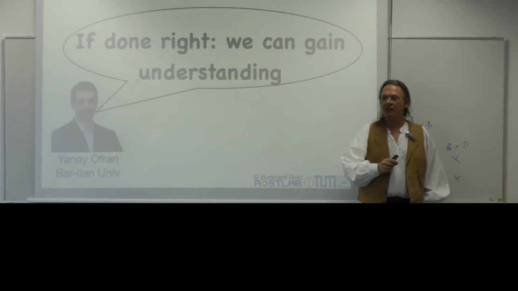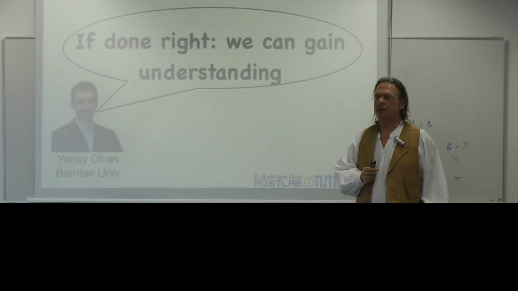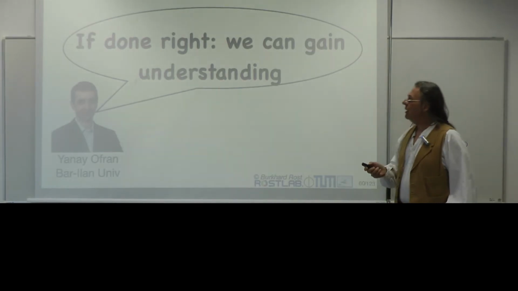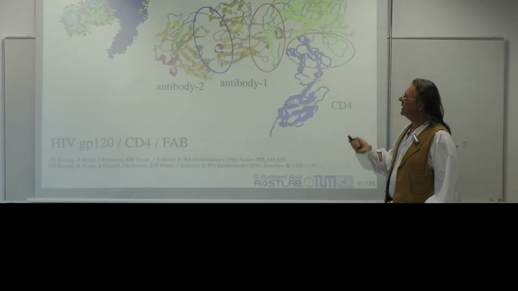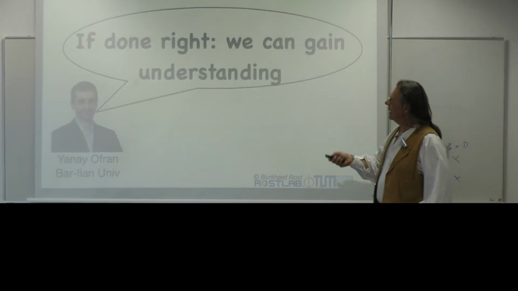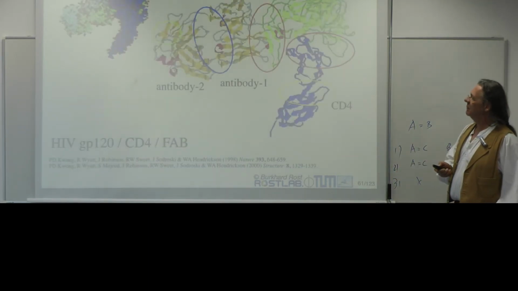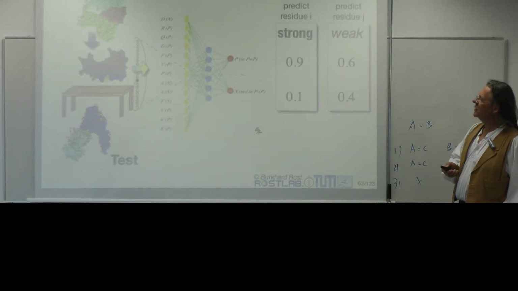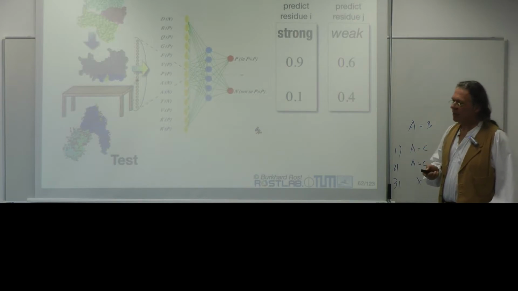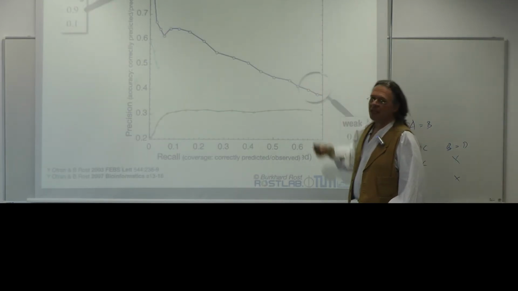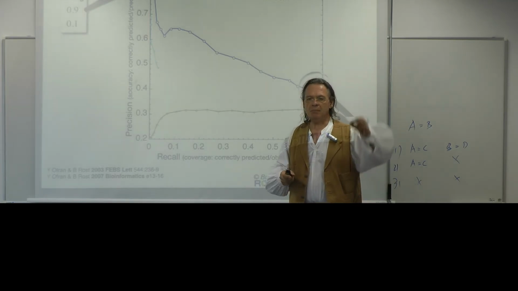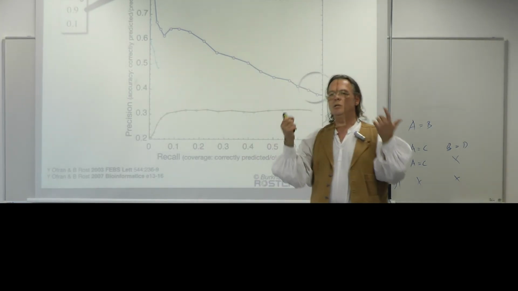But one thing, if done right, this cross-validation and data preparation, then we can show that we have understanding. And that is this story, Janai Ofran is the person behind it, because it's his project, where simply the stronger one here tells me about hotspots. I simply use the strength in the prediction to define hotspots.